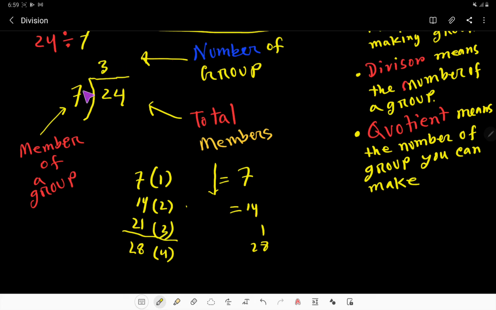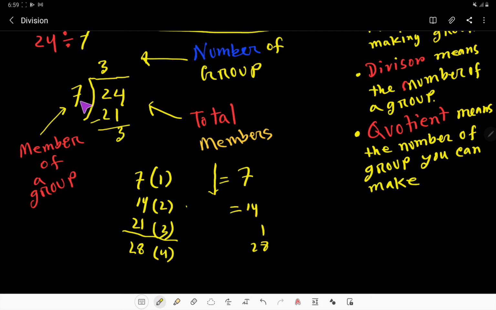Now multiply this 7 and 3, that is 21. So write 21 here. Now you have to deduct. If you deduct, we get 3.